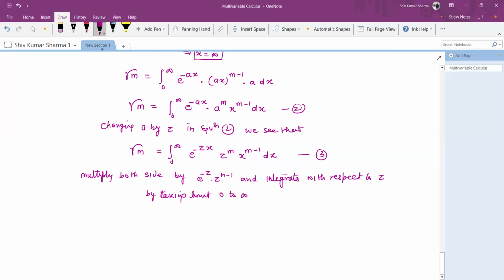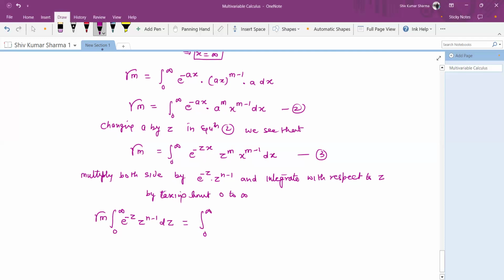Here first we talk about the LHS. We see that gamma m into the integral 0 to infinity e raised to the power minus z, z raised to the power n minus 1, and when we integrate this we write dz. So this is our LHS. Now we talk about the RHS.